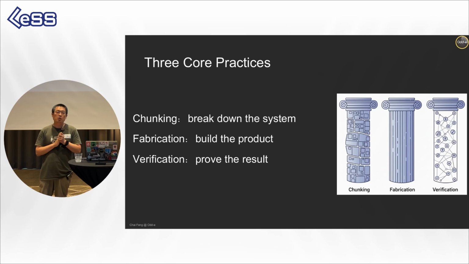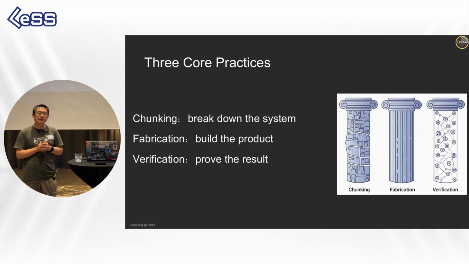There are three core practices. The first is chunking. We break down the system. The goal is to create small, independent build units with very clear boundaries. And we are not just splitting the source code, we are splitting the entire build context. The second practice is fabrication. We build the product.